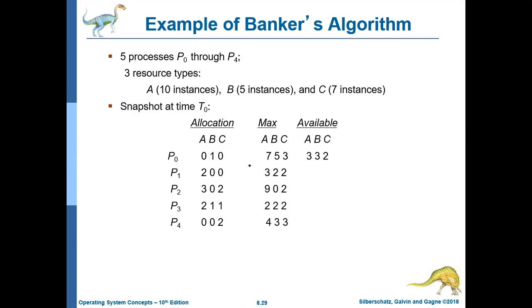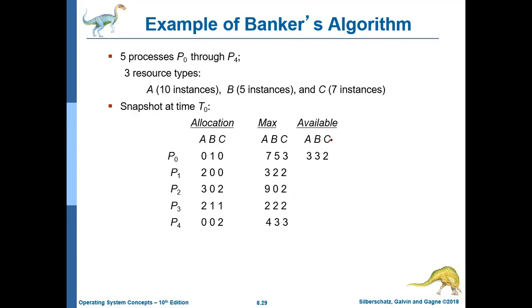Out of this maximum demand, how many resources we have already allocated to these processes? This is written in allocation matrix. Max is the total demand, what it actually require. What we have already allocated is written here. And this is the number of available resources in your system.